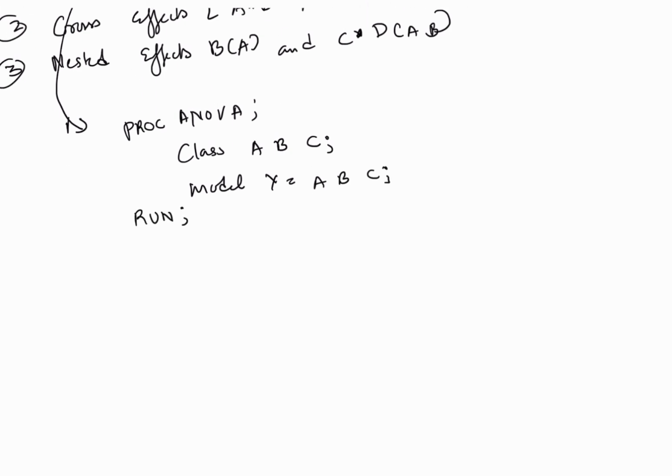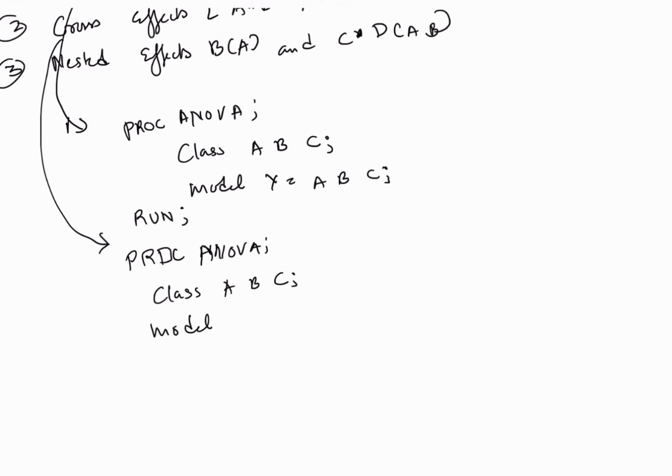For the cross effect, you can write PROC ANOVA; CLASS A B C; MODEL y = A B C A*B A*C B*C A*B*C; RUN.